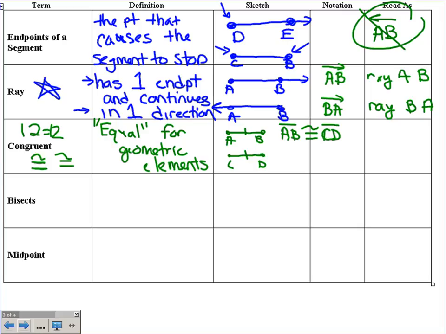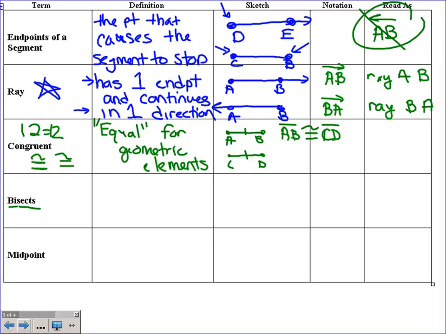Bisects. How many wheels does a bicycle have? 2. They could have 3. No, that'd be a tricycle. So bi. If you were to dissect something, what does that mean? The very first thing you do is you cut it, right? It means you're going to cut something in 2 exact pieces.